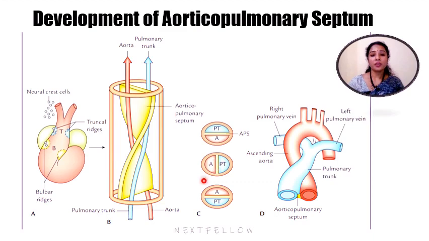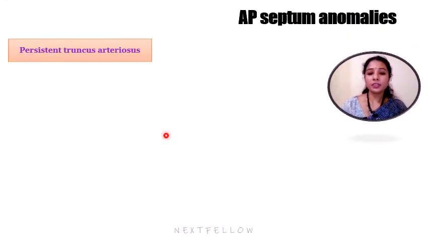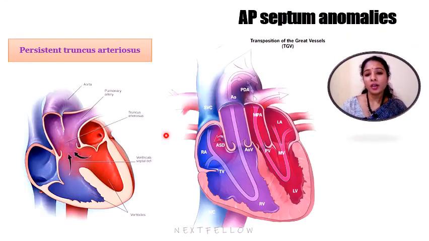So the aorta is towards the right and pulmonary trunk is towards the left. And in the upper part, the septum is again in the coronal plane, but here the aorta lies anteriorly and pulmonary trunk posteriorly. So this completes the development of aorticopulmonary septum. So this completes the development of heart. Thank you.